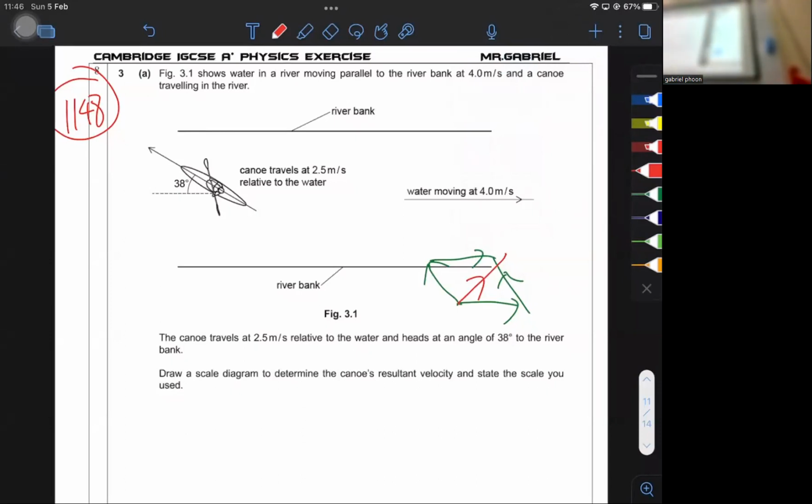You need to use at least 70% of the empty space. So for example, if you use 1 meter per second per square, it will be too small already. So just follow it up and use 0.5 meters per second.